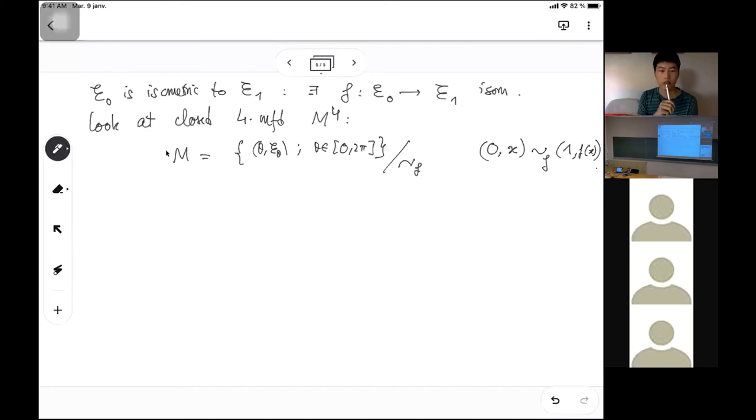So f is essentially the identity map. So when you look at that, you say, well, this is the trivial bundle, right? But no, actually, this resulting manifold is not a trivial product.